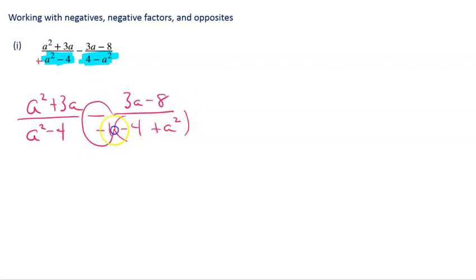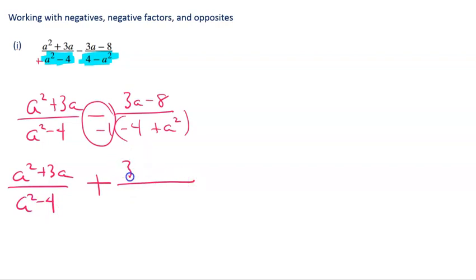Now what happens is that negative 1 changes that minus to an addition problem. And now I have a squared plus 3a over a squared minus 4. On the other side, I have 3a minus 8, just as it was. Instead of writing that as negative 4 plus a squared, that's identical to a squared minus 4.